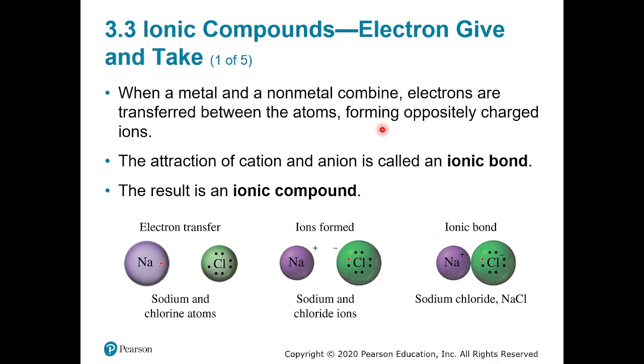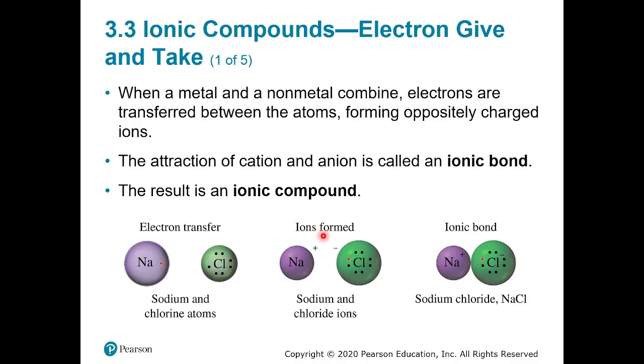Okay, now, when a metal and non-metal combine, what's going to happen is the metal does not hold on to its electrons very well. Okay, the electrons tend to escape the metals. The non-metals, on the other hand, hold on to electrons much better. Much more strongly. And so when they come together, your metal is going to lose an electron to the non-metal.